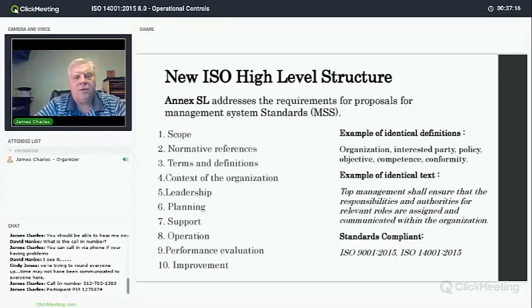The ultimate goal is to make these standards easy to integrate into a single management system for the organization. We've seen a lot of companies taking the opportunity, when they have to upgrade to the new standard, to integrate their quality and environmental programs, making them more effective and getting management better engaged.